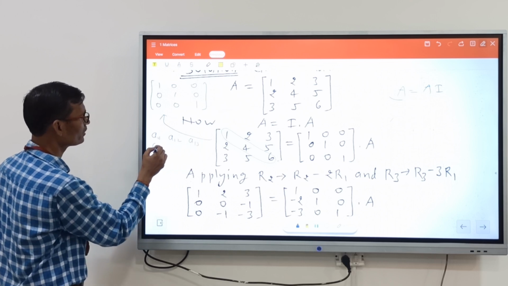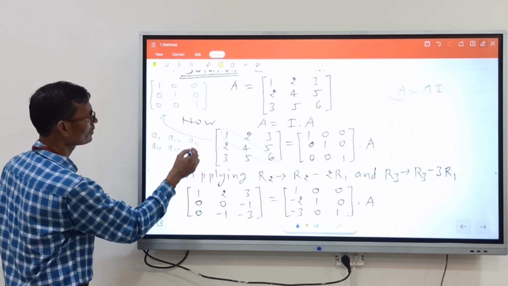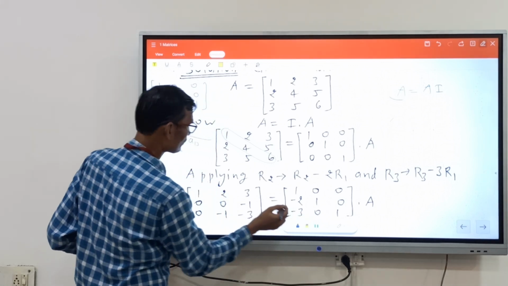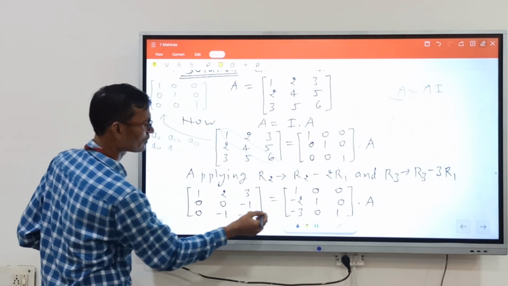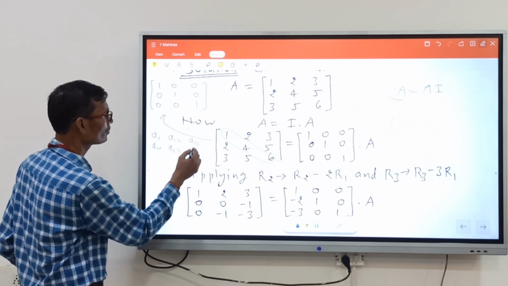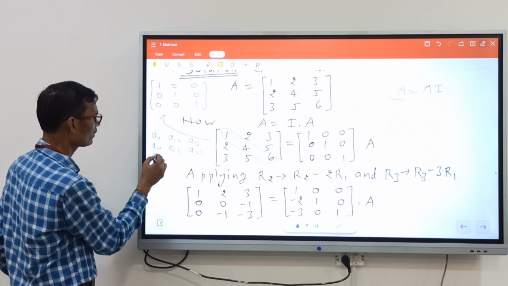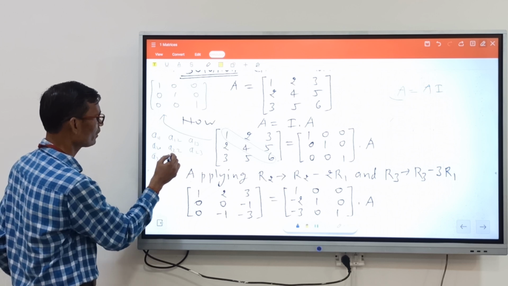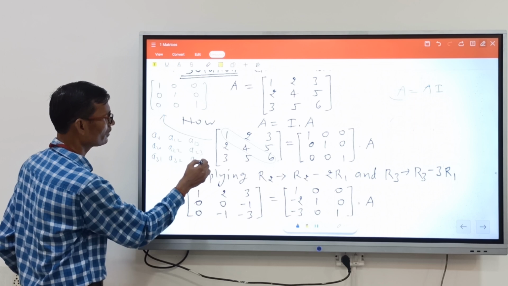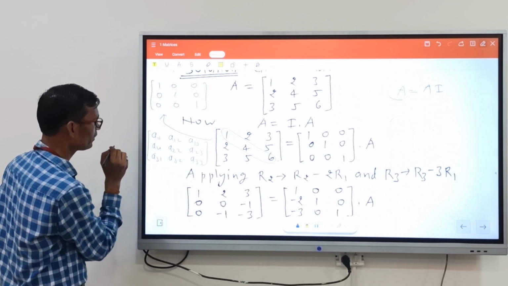Okay, this is A21, A22, A23, A31, A32, A33. In the address form, this matrix looks like this.